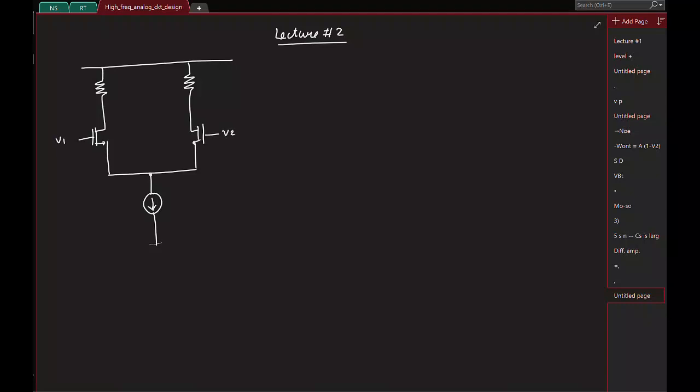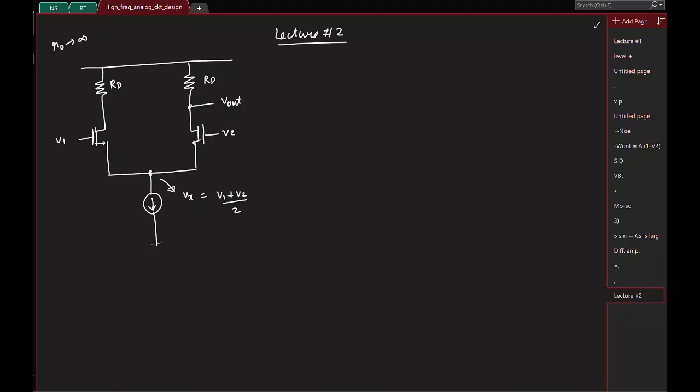So V1, V2, and let's say we take the output from here. What was this source voltage? It was basically the average of the two, right? Initially we'll assume R naught to be infinity.